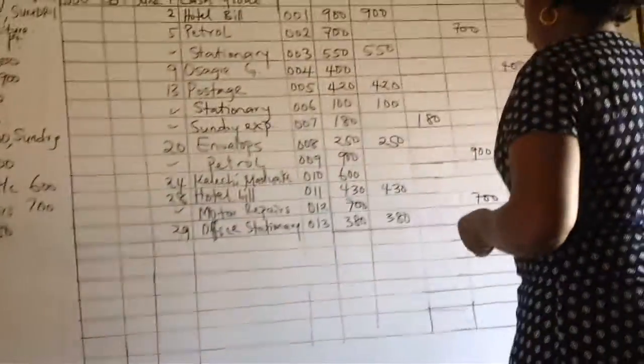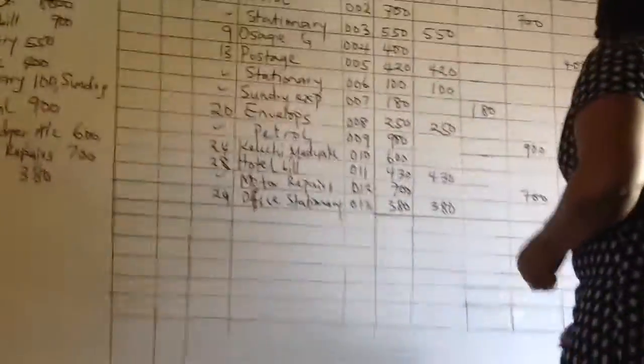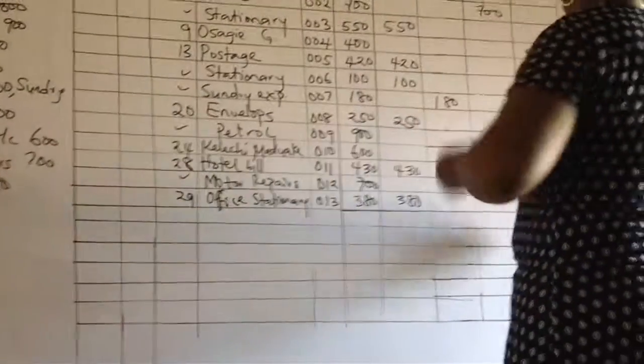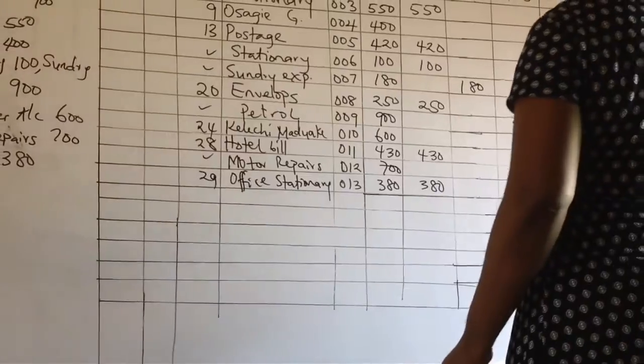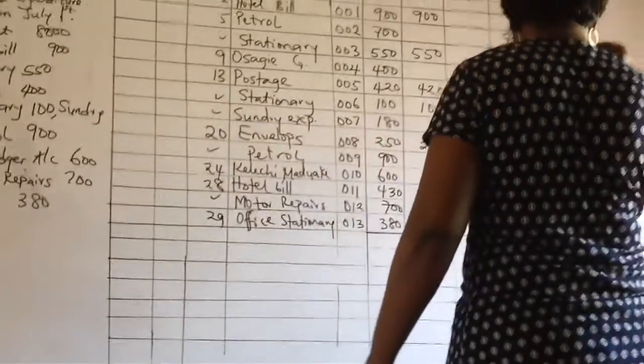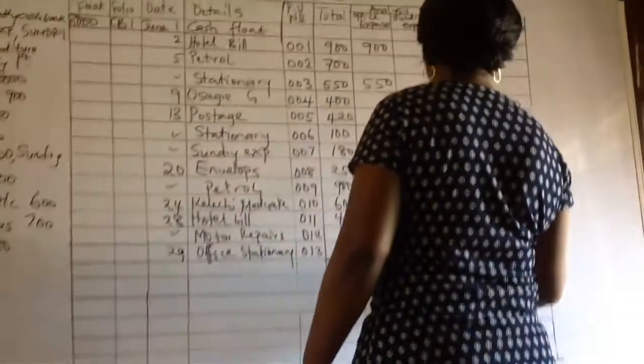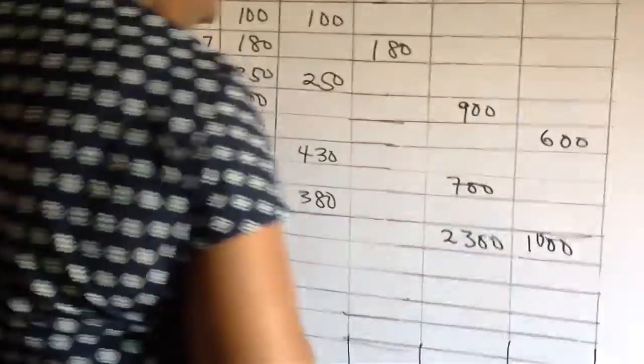Okay, so we add up now. This plus this will give you 1,000 naira. While for motor expenses, your total is 2,300 naira. Because this plus this give you 1,400 plus this gives you 2,300.